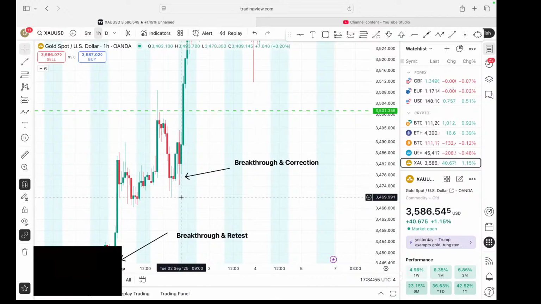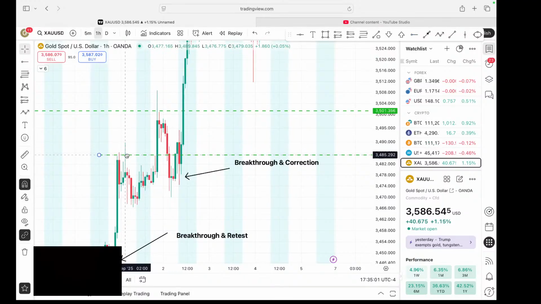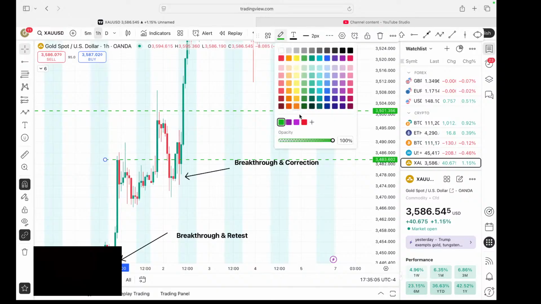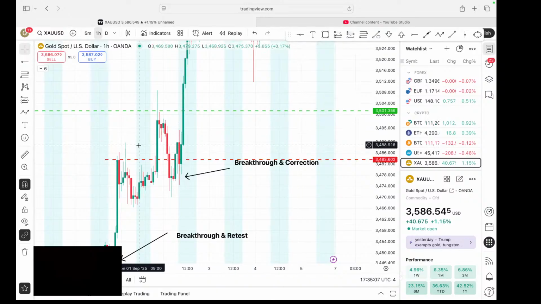So as you can see here, this was the high, right? I like to count the body as the close of the body is the high. I don't really like to count the wicks. But anyways, price broke through with this big bullish candle, and it could have stopped right here where this red line is and then pushed up.